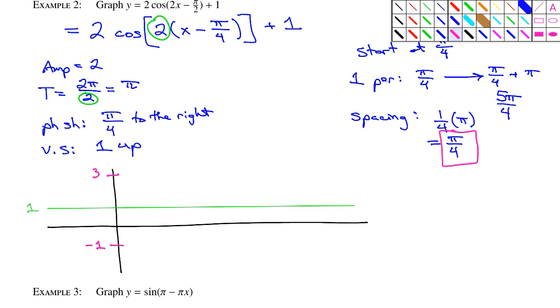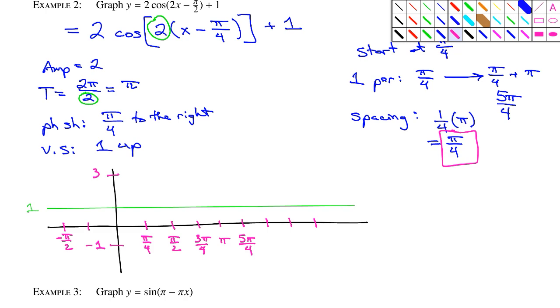So we'll go ahead and put those in. Then let's put in some tick marks here. And we start with pi over 4, pi over 2, 3 pi over 4, pi, 5 pi over 4, and then let's go backwards. Negative pi over 4, negative pi over 2. Let's see if that's going to be enough. If not, we'll add some more.